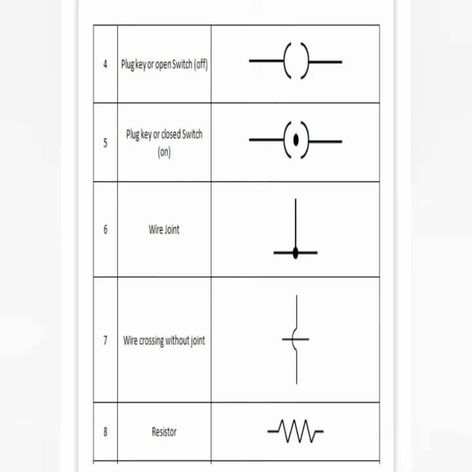This picture contains the circuit symbols of plug key or open switch, which is in off position, plug key or close switch, which is in on position, a wire joint, and a wire crossing without joint, also sometimes called a jumper, and the symbol of a resistor.